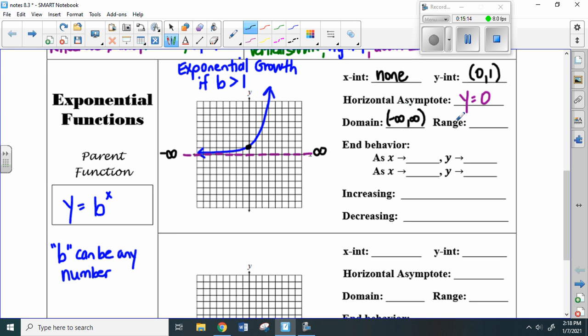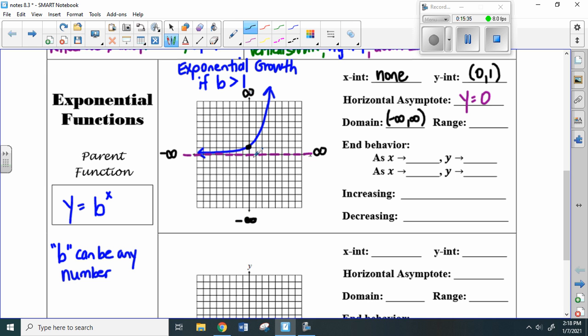Okay, but because I have a horizontal asymptote, my range is definitely affected. Technically range is supposed to start down at negative infinity and work your way up. But there's no graph down here in the negatives.